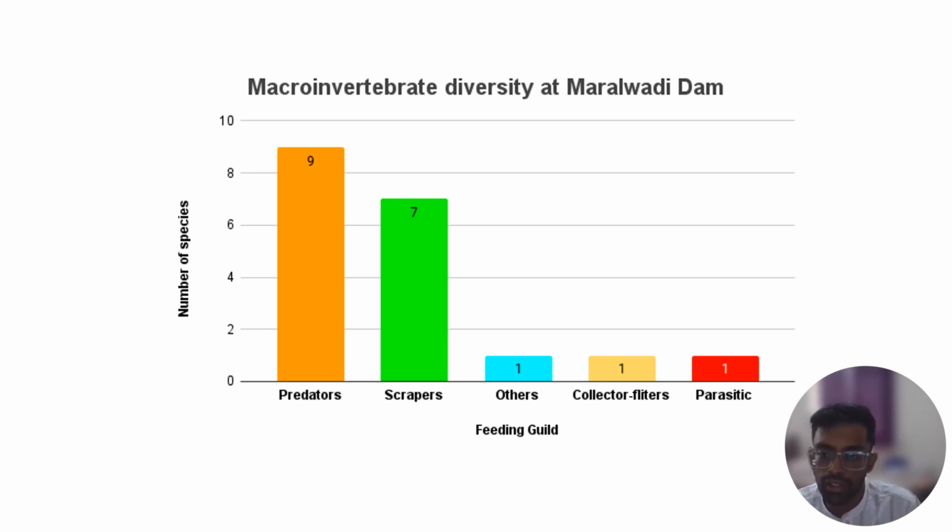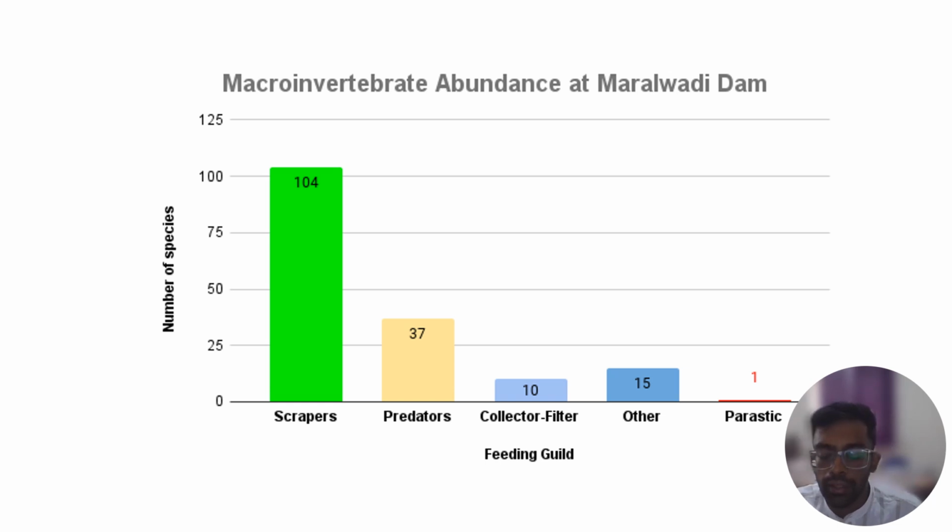Scrapers and collector filters here are your macroinvertebrates feeding on gills, which are so. One example of scrapers is Philopotamus bengalensis, and for collector filters is Laccophilus marginatus. Others here is your freshwater shrimp, and parasitic is your leech. But in terms of abundance, the scrapers were more as compared to the predators.